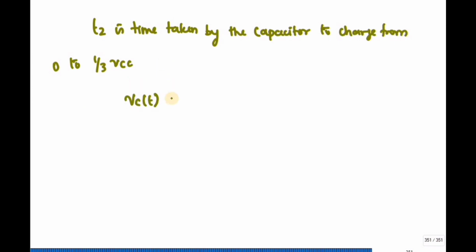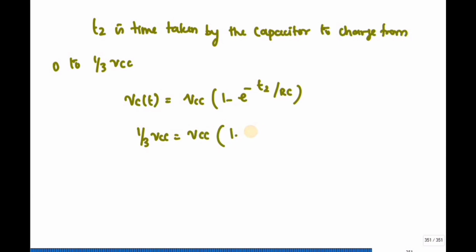I can write VC(t) equal to VCC times (1 minus e to the power minus t/RC). The final value it reaches is VC = 1/3 VCC times (1 minus e to the power minus T2/RC). If I solve, I get 1/3 is equal to 1 minus e to the power minus T2/RC.